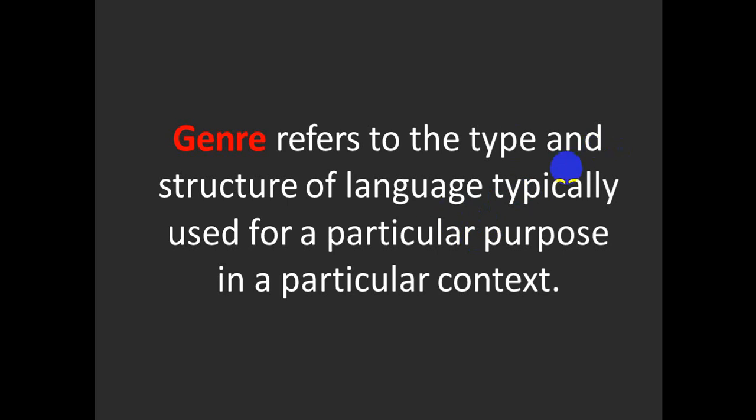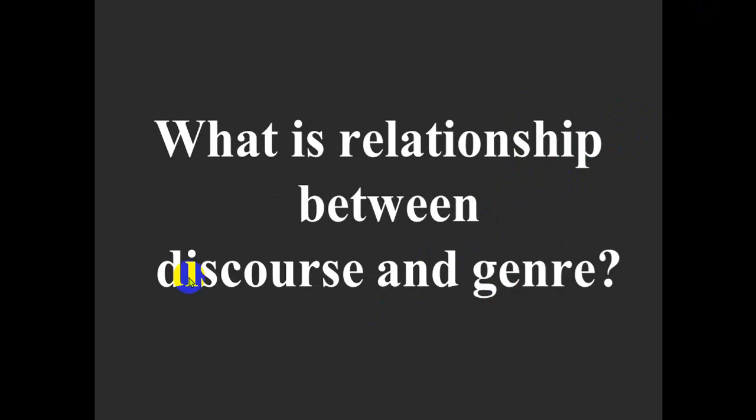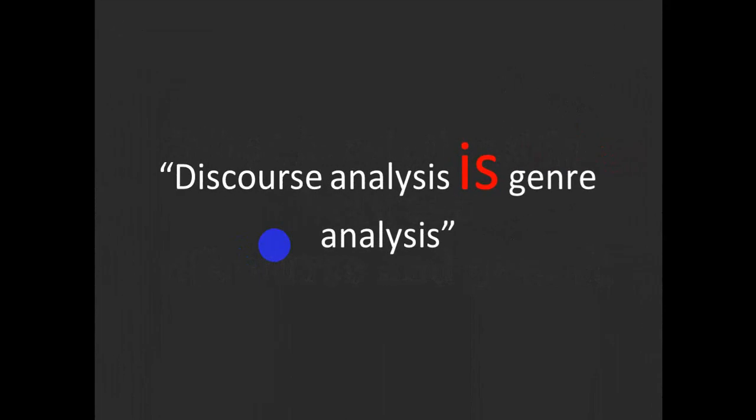You should pay attention to the particular purpose and particular context. So, what is the relationship between discourse and genre? Discourse analysis is genre analysis. While we are analyzing discourse, we usually analyze genres because there are different types of texts we may concern together.